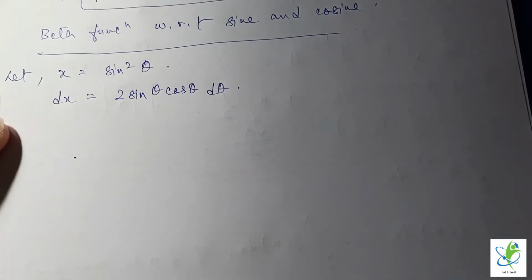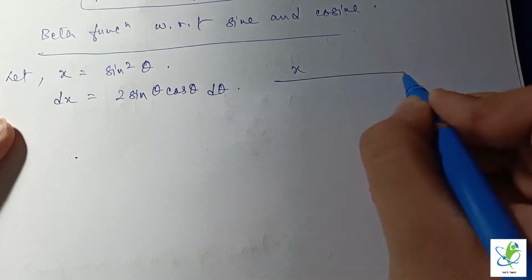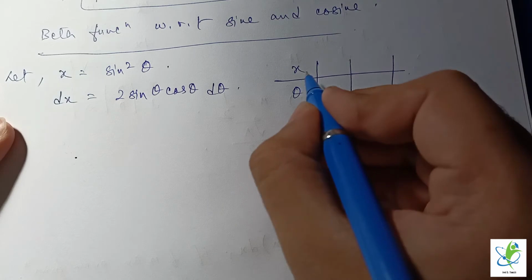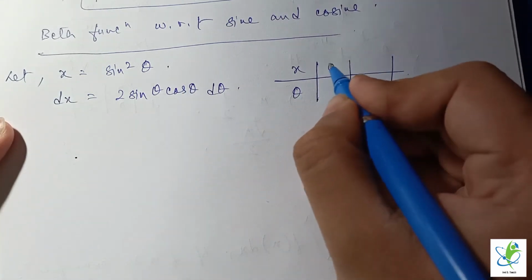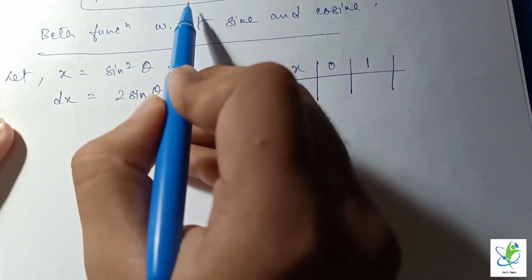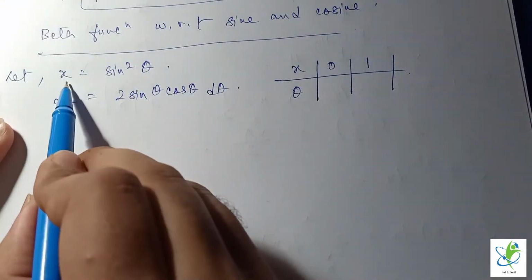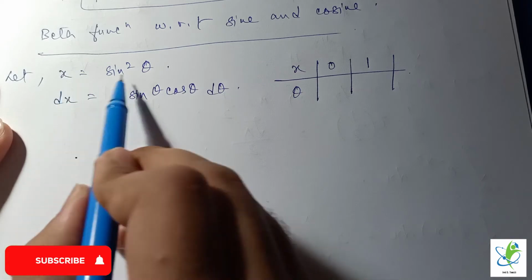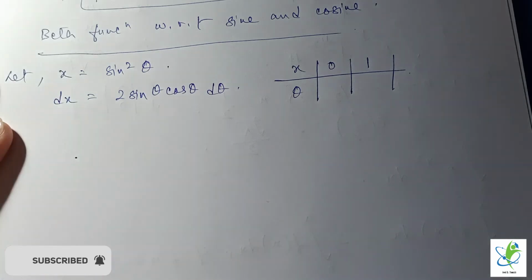Now let's find the limits of theta. The limit of x is 0 and 1. The lower limit is 0 and the upper limit is 1. So for 0, sine squared theta is 0. Tell me, for what value of theta will sine theta be 0?